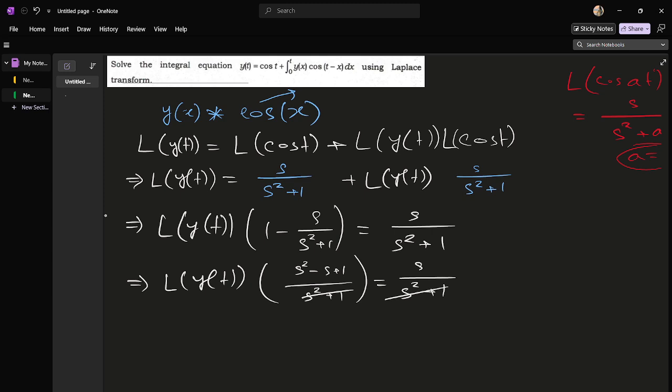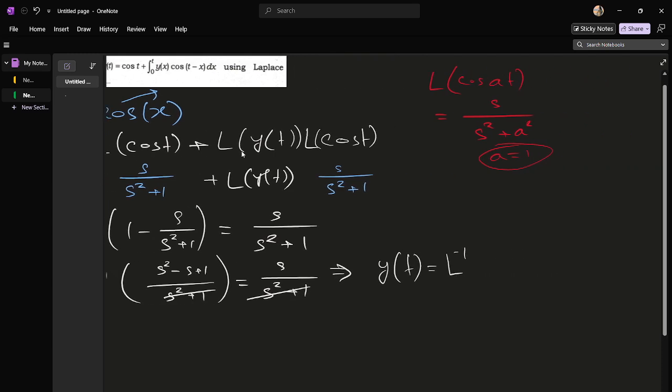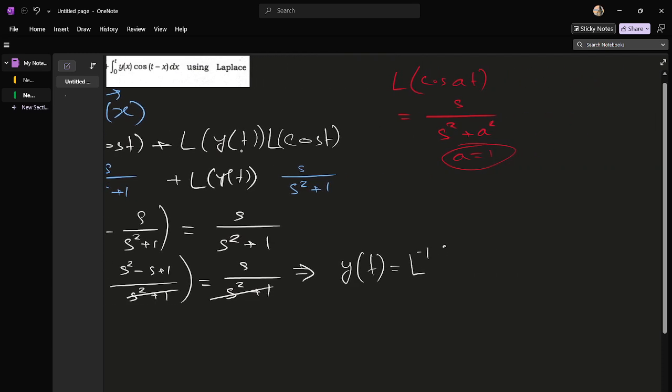Then the magic happens, as y(t) is now the Laplace inverse of s by s square minus s plus 1.